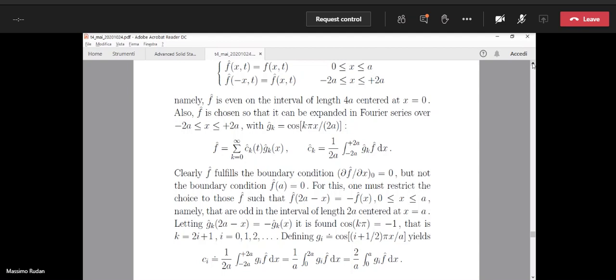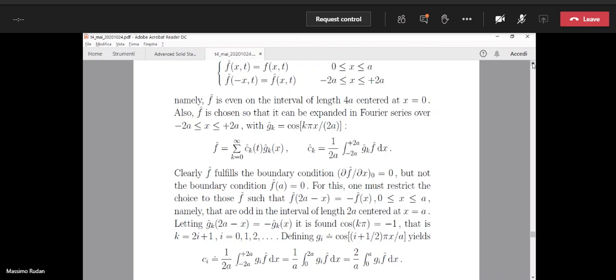And it will still fulfill the other boundary condition at 0, okay? So we simply restrict the choice, imposing that f hat of 2a minus x is equal to minus f hat of x. That means it is odd in that interval, okay?